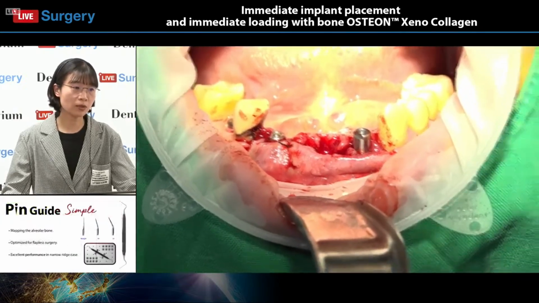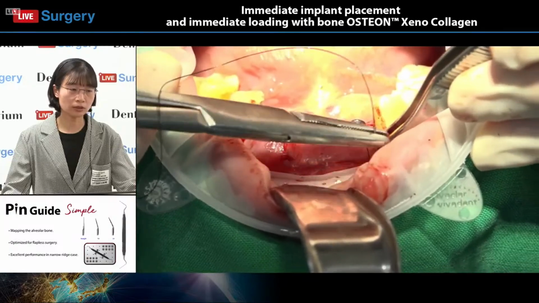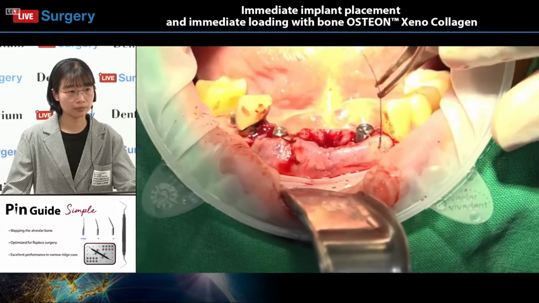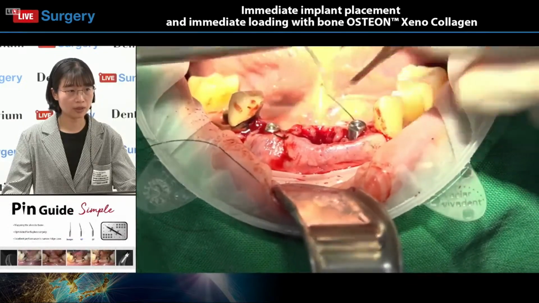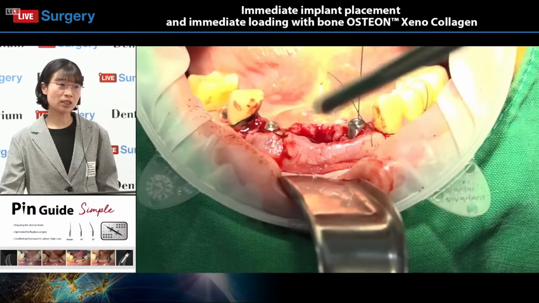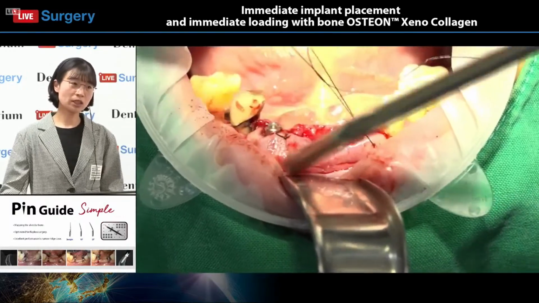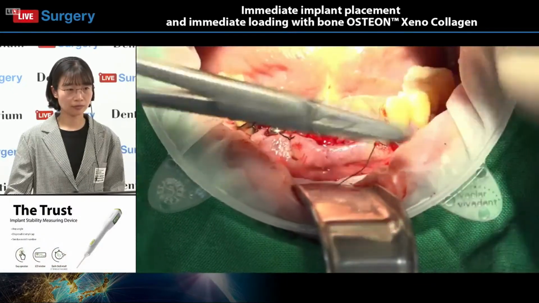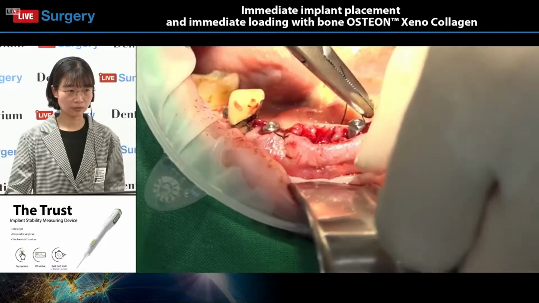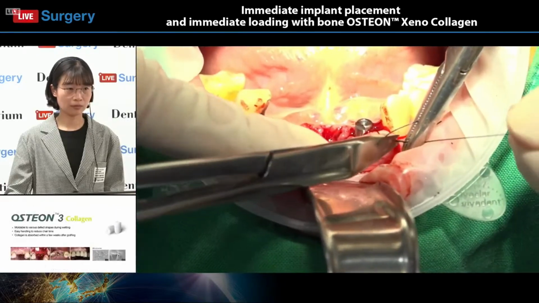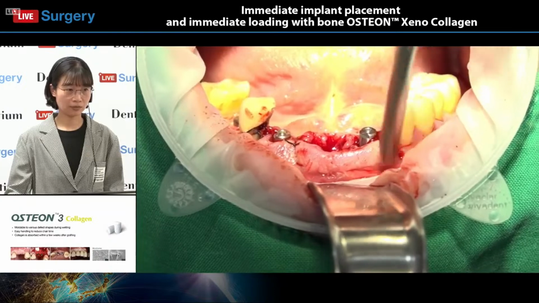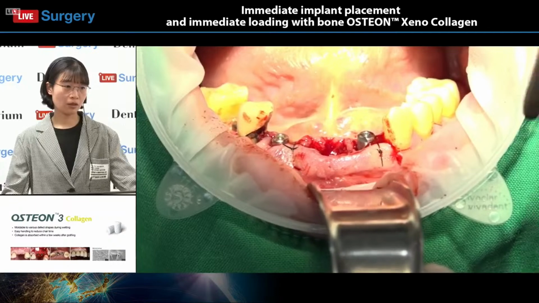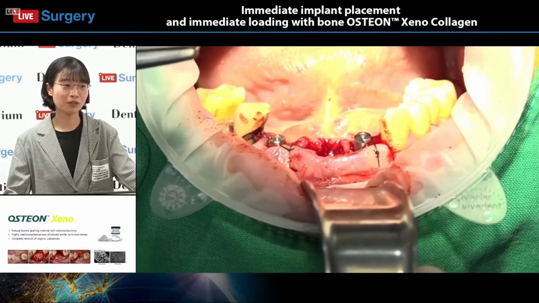We can see the good primary closure around the healing abutment. Now he is finalizing the surgery with the suturing. And his suturing is very beautiful.